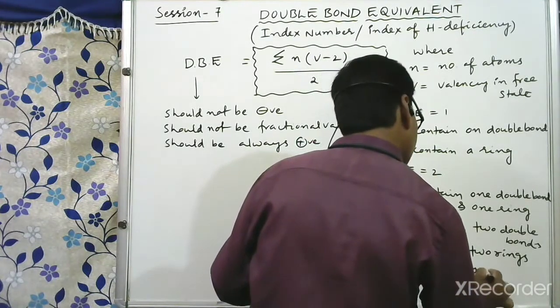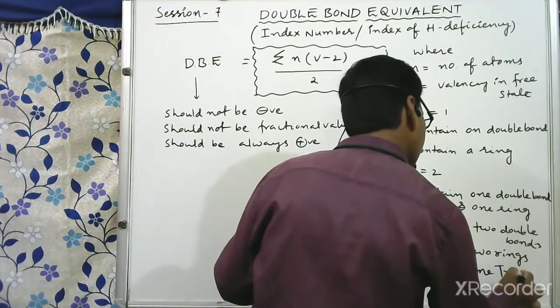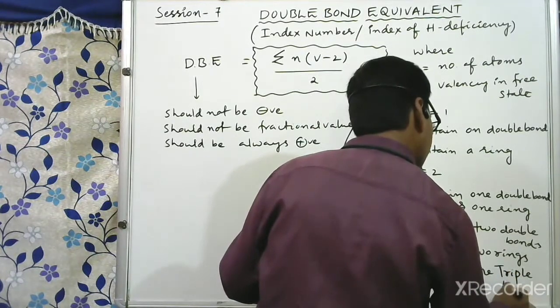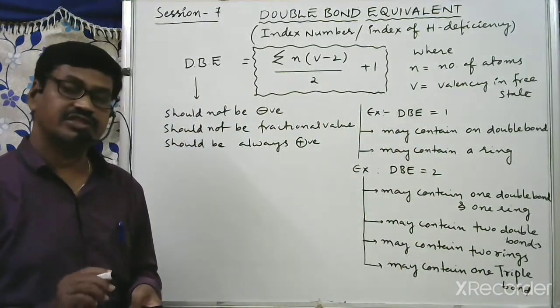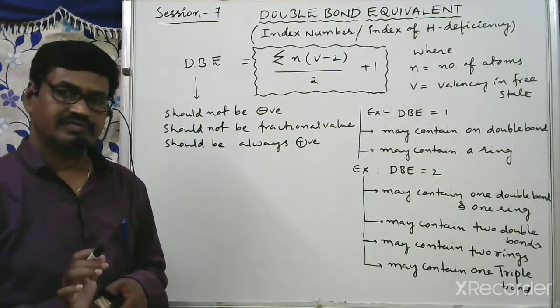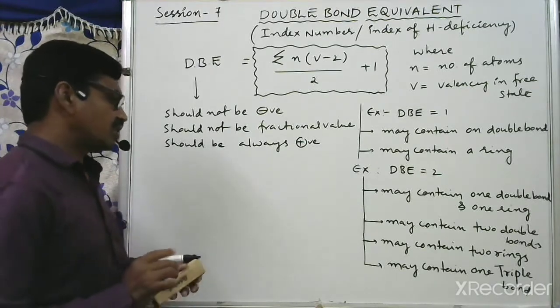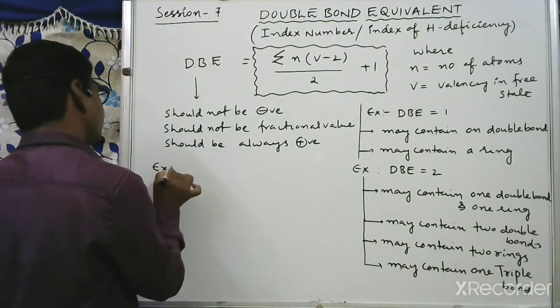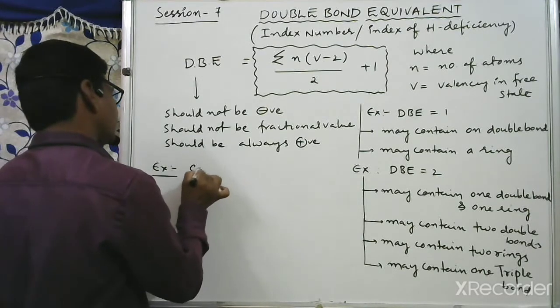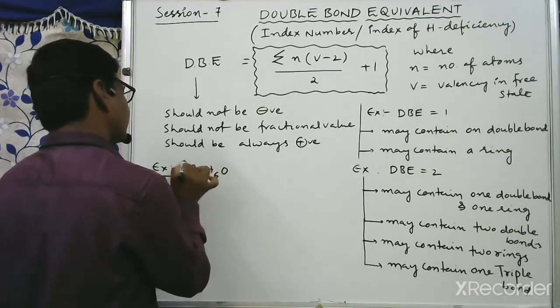So based on this information, we have to try to write different structural formulas. See, here I give one example. First, I'll take one example here: C3H6O, I am taking.